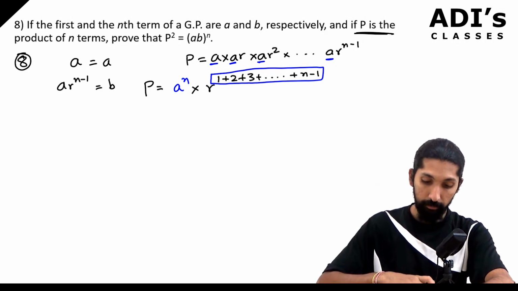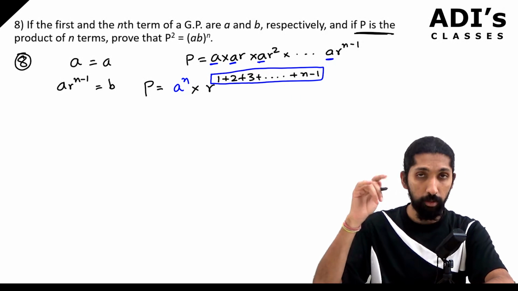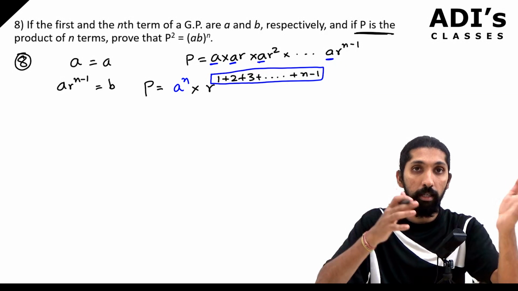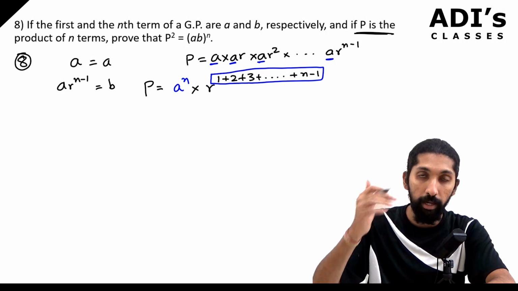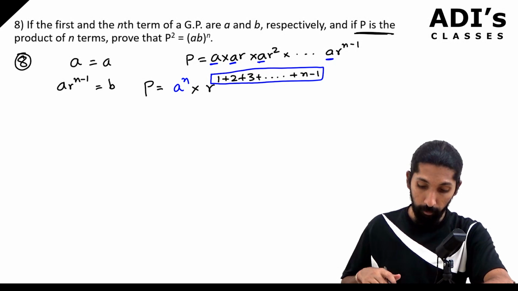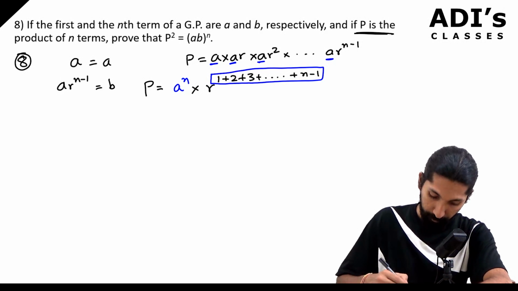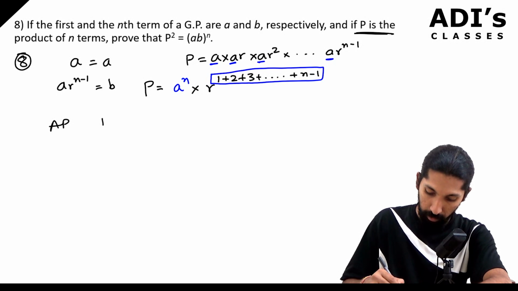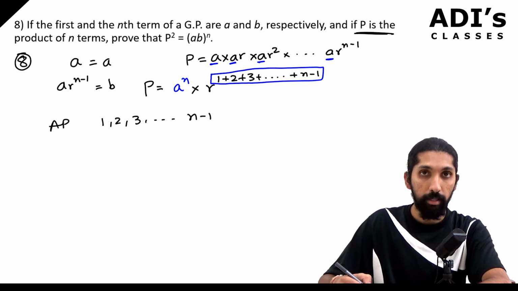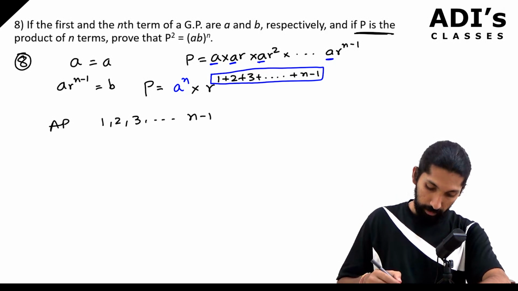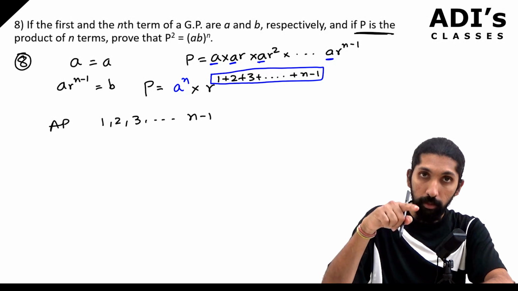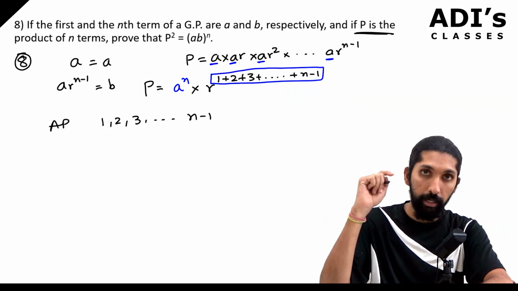But if you look at 1, 2, 3, see, that's nothing but a value is 1, d value is 1. We can calculate what is the sum to n terms, isn't it? So in this case, first and foremost, we'll take the AP. So our AP is 1, 2, 3, so on and so forth till n minus 1. Correct? Now what you have is that a value is 1, d value is 1, but instead of n number of terms, you have n minus 1 number of terms. Correct?